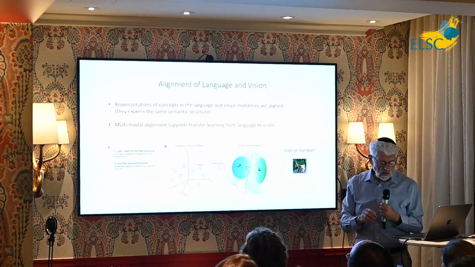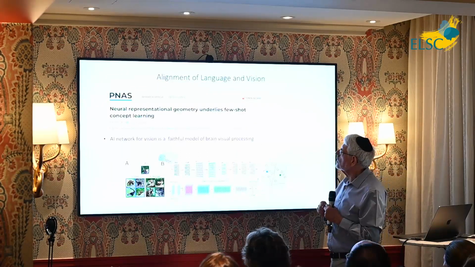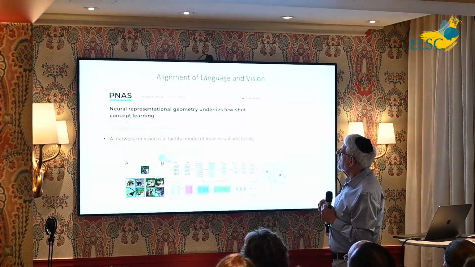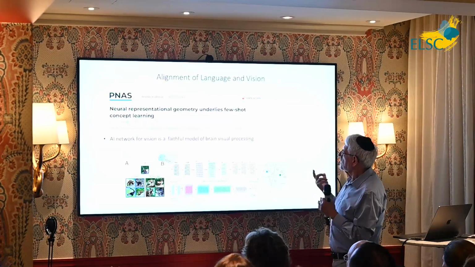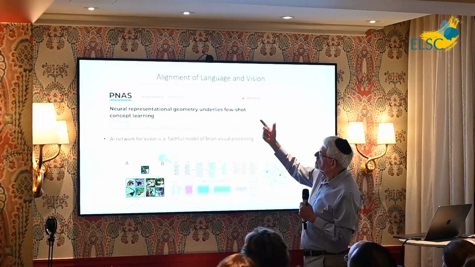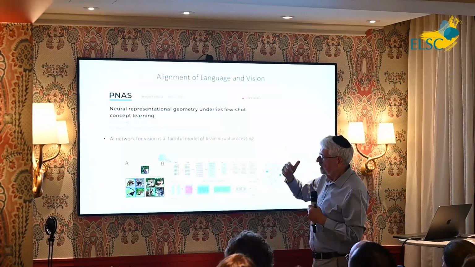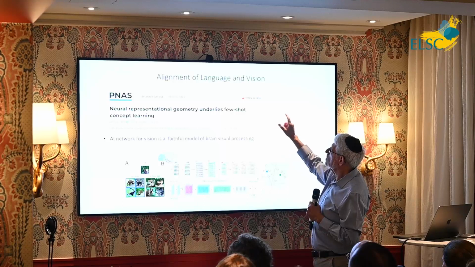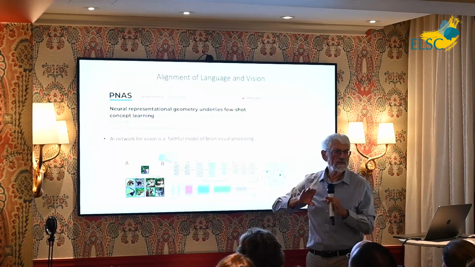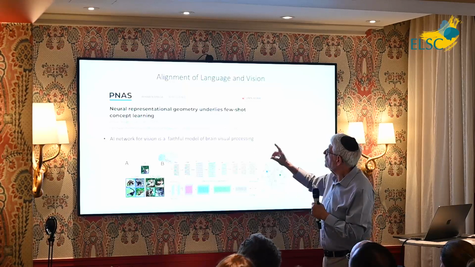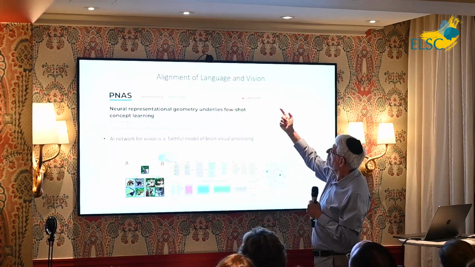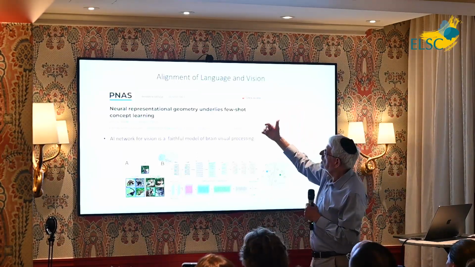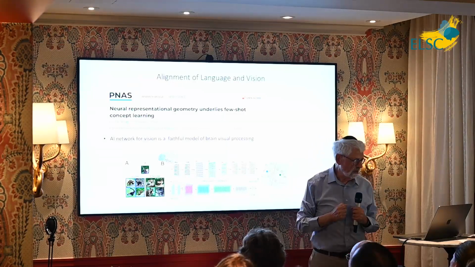So I just want to mention briefly a work that my colleagues and I published a couple of years ago, discovering that networks that are trained only on language to represent words, and networks that are trained only on vision, so they have never seen this combination, and then we asked whether there is any relation between the representation of concepts in the vision system and the representation of concepts in the language system.